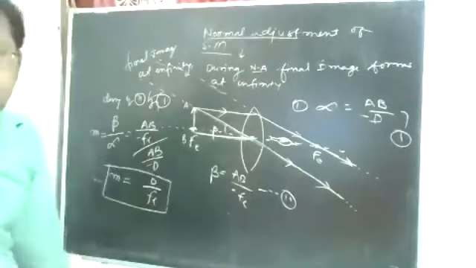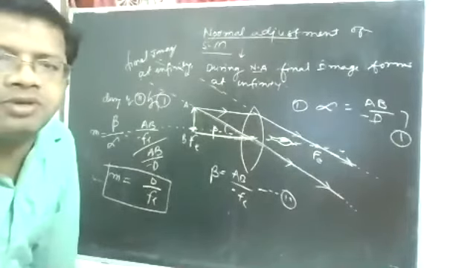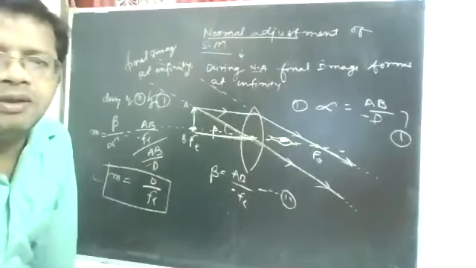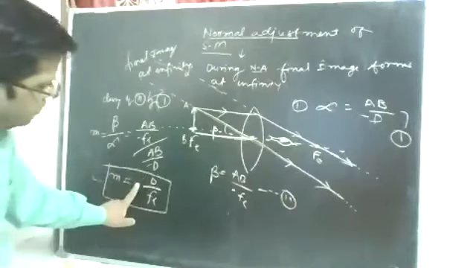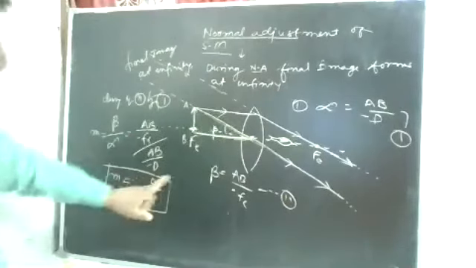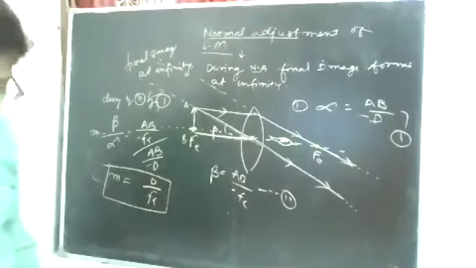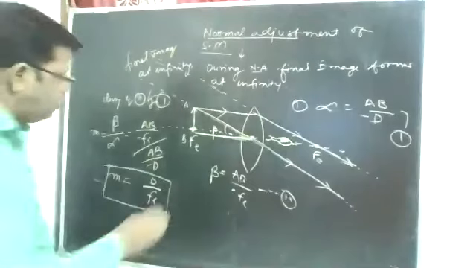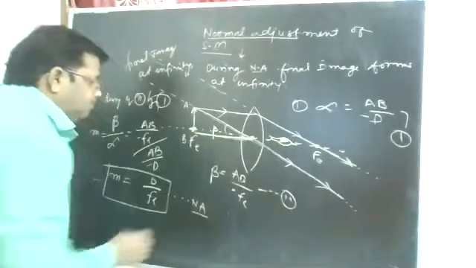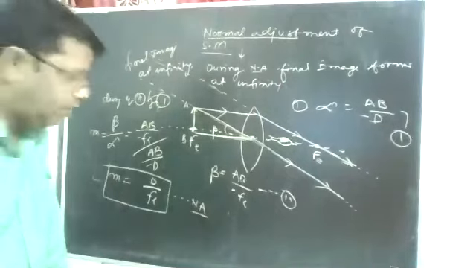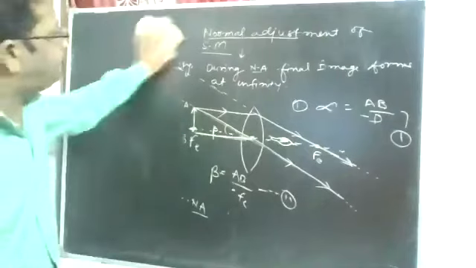But in the previous case, the magnification formula during fine adjustment was 1 plus D by f_e. It means the magnification in case of fine adjustment is more than that of normal adjustment. This is the formula for normal adjustment. Now all of you, we will discuss the compound microscope.